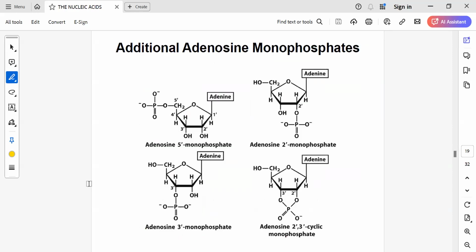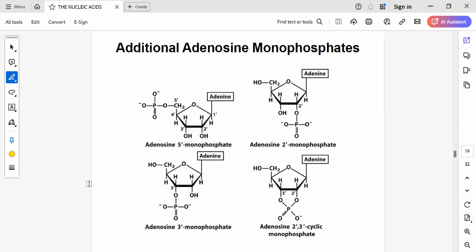Well, if we have adenosine monophosphates, what happens? The first one is adenosine 5' monophosphate, that is, the phosphate group is attached to the 5'. We can also have adenosine 2' monophosphate if the phosphate group is esterified at 2'.